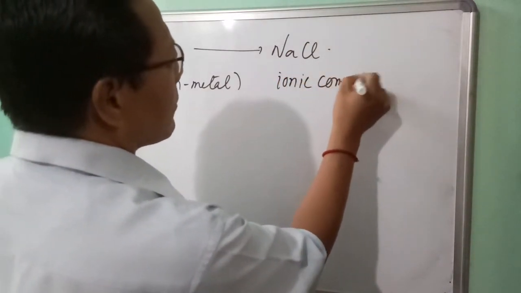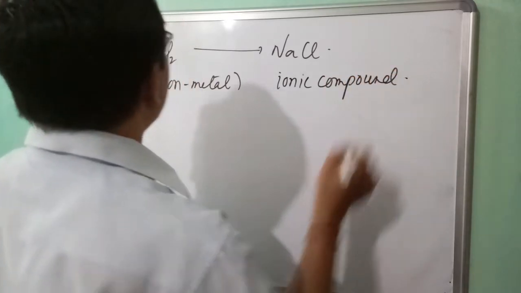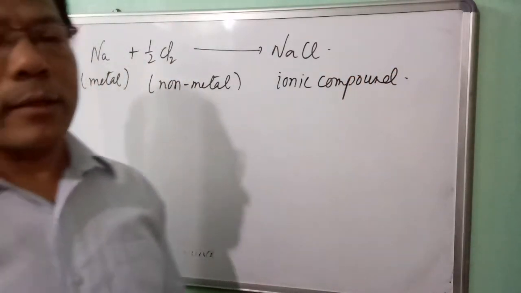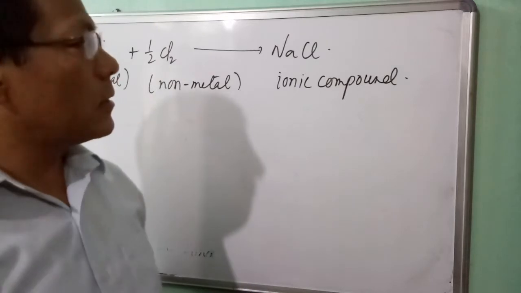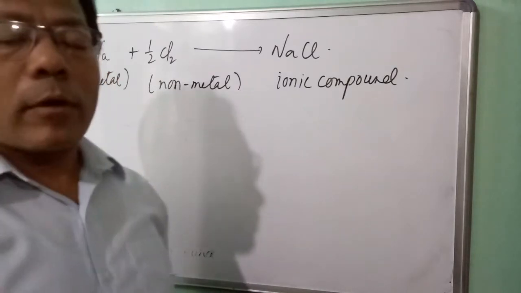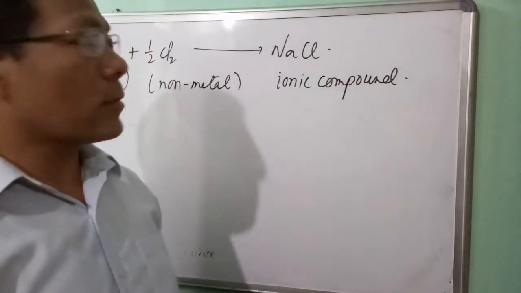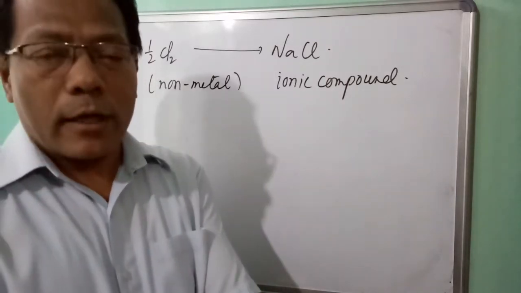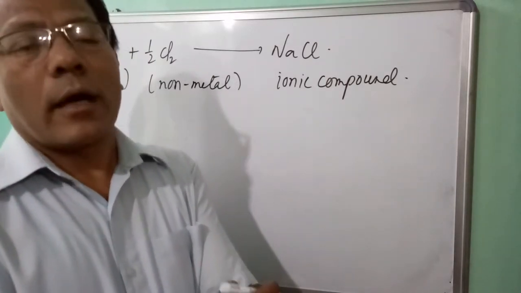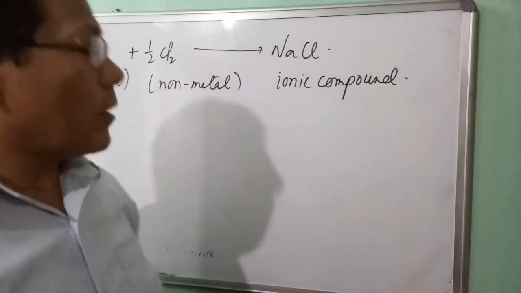An ionic compound is formed by the combination of metal and non-metal atoms, and in the ionic compound the bond is called an ionic bond. The target is sodium chloride, an ionic compound, and we will see how the ionic bond is formed.